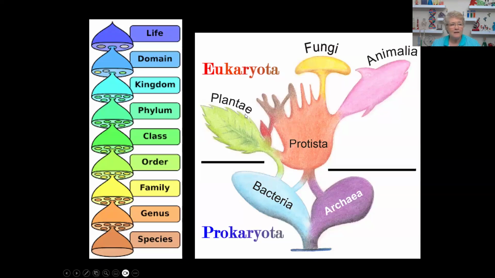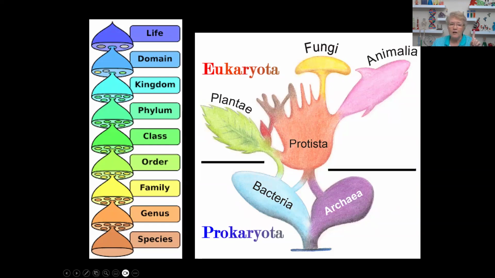All the members of Kingdom Plantae, the plants, are multicellular. Now, fungi and protists are a little different. They do have cells with nuclei, but they have some unicellular members and some multicellular. Now, coming down here to prokaryotes, these are the ones that don't have a nucleus in their cell, and they are all only one cell.